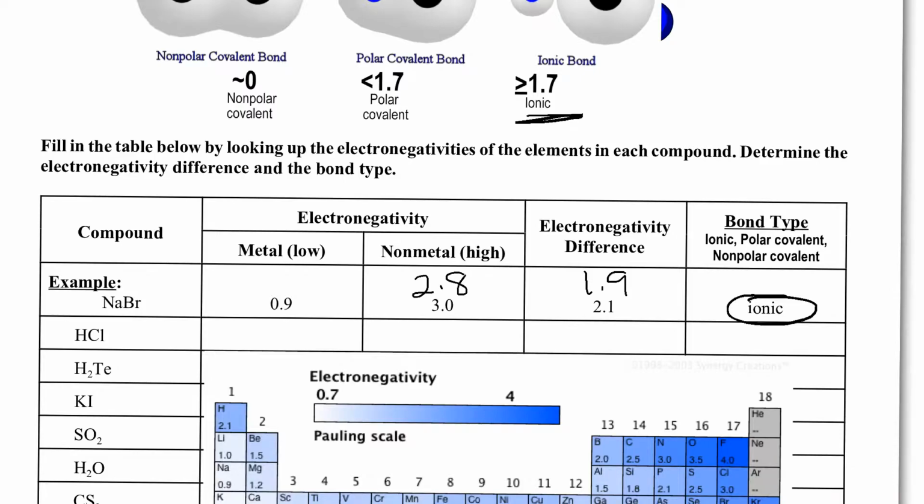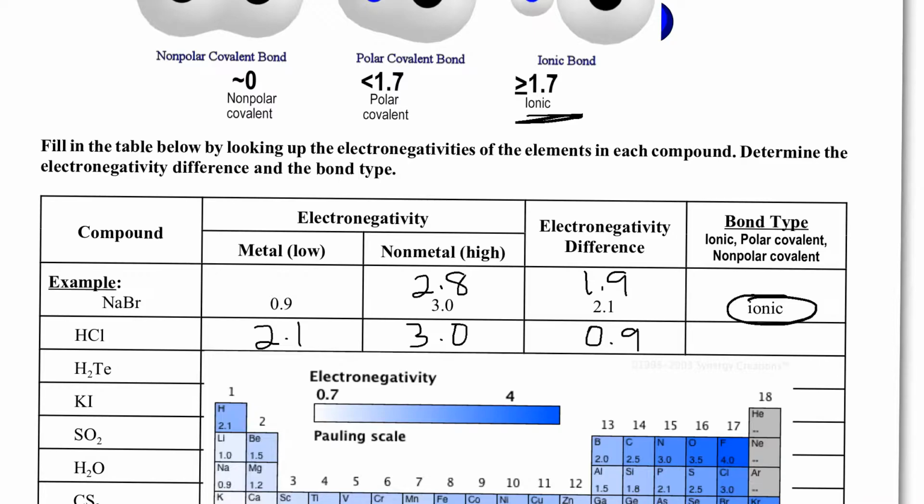If we look at the next example, we have hydrogen and chlorine. Hydrogen has an electronegativity value of 2.1. The chlorine has an electronegativity value of 3.0. The difference between those two, if we subtract the 2.1 from the 3.0, you get 0.9.